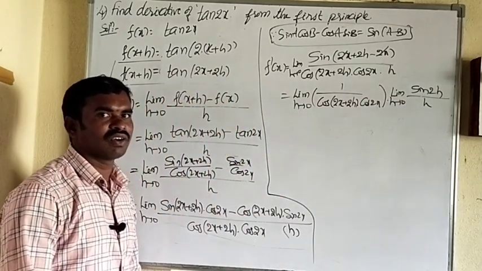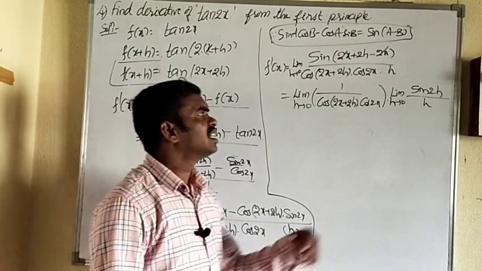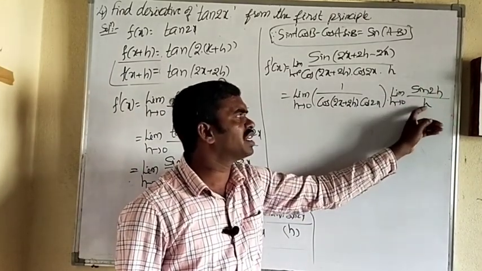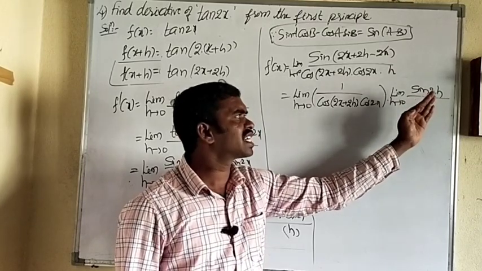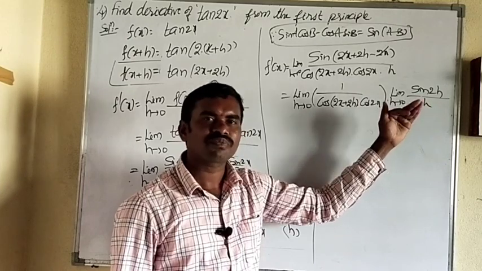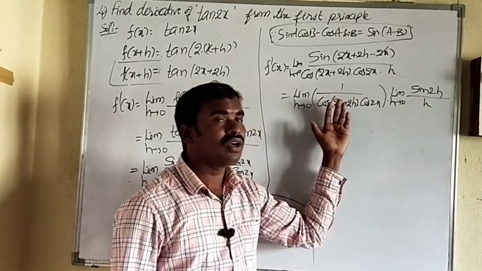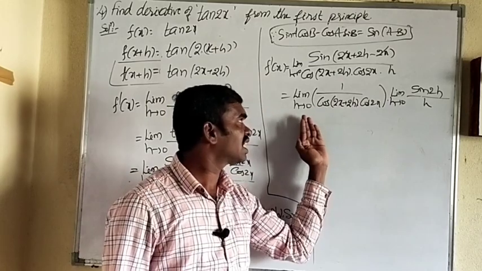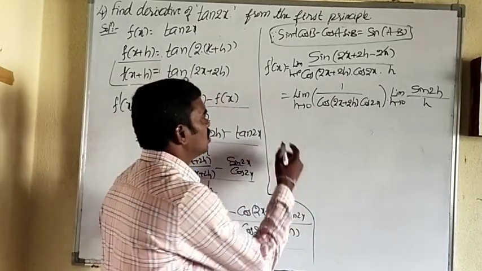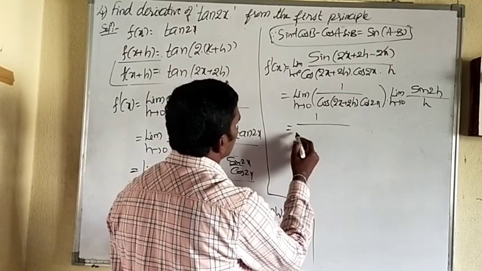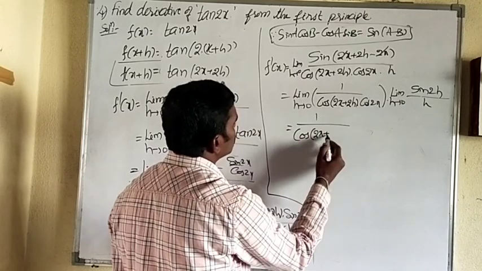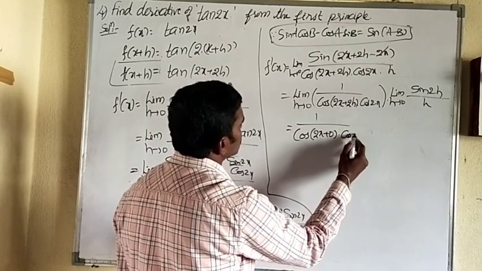Are you clear? We separate because if you substitute h as 0 in sin 2h by h, it becomes 0 by 0, an indeterminate form. So writing aside, I will use the limit x tends to 0 of sin x by x formula, which is 1. But for the other function no formula is needed, because by directly substituting h as 0 we get a finite value. So which is equal to 1 by cos of 2x plus 2 into 0, into cos 2x.